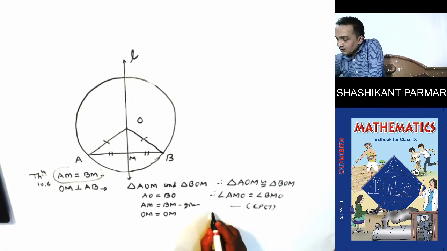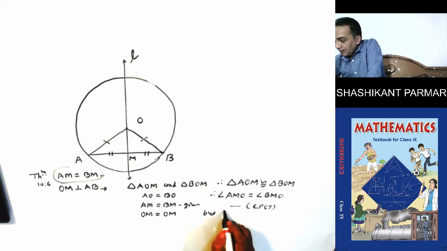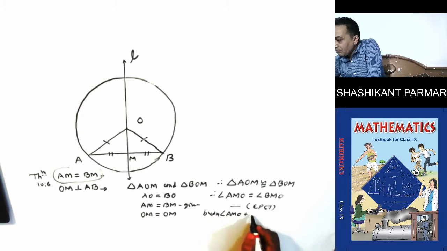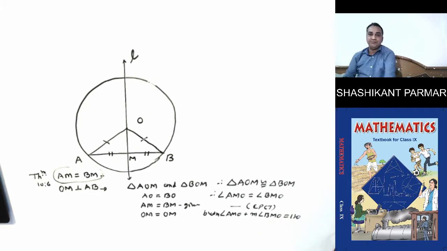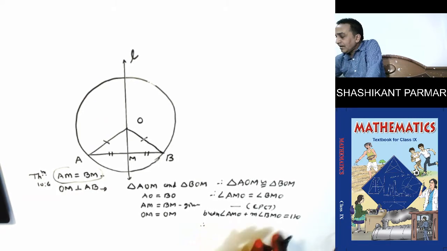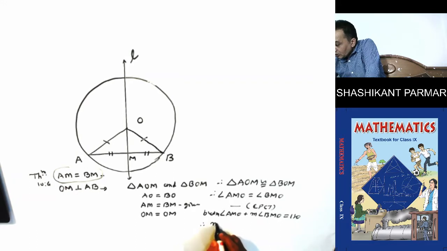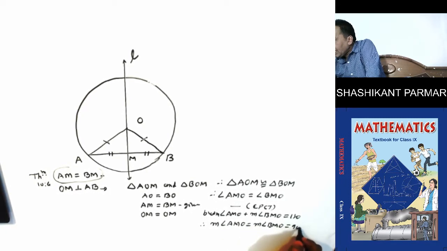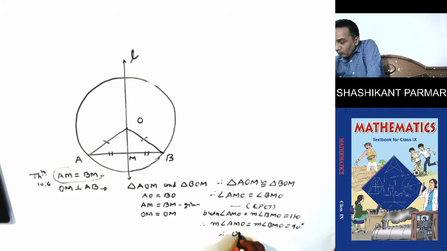But measure of angle AMO plus measure of angle BMO is equal to 180 degrees, because they form a linear pair. So, being equal with sum 180, measure of angle AMO is equal to measure of angle BMO is equal to 90 degrees, and therefore OM is perpendicular to AB.